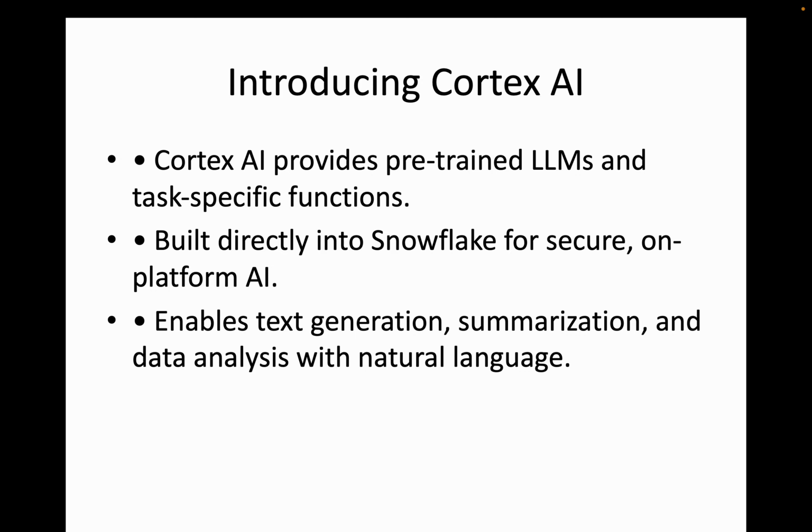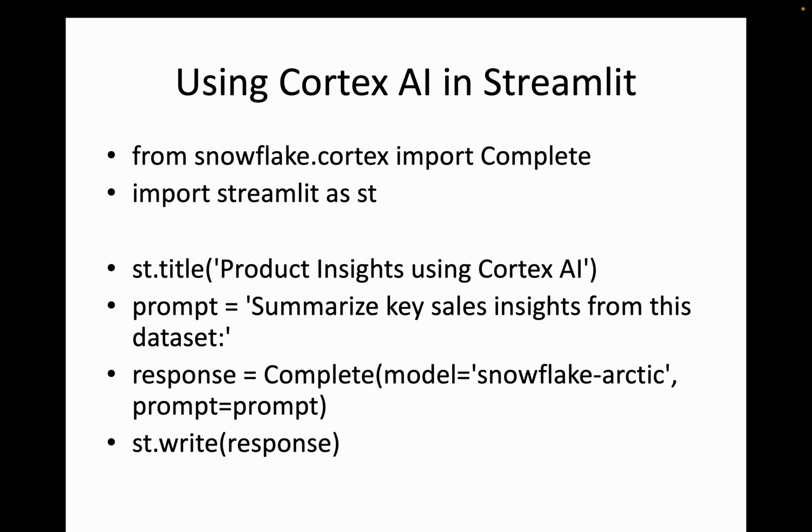Just try to remember we have different sets of model already available. We have large language models available always there, like Meta has already provided Llama, Claude, and like that OpenAI, we have a lot more libraries or models already available. We can just call them and leverage in our project using Cortex AI in Streamlit.